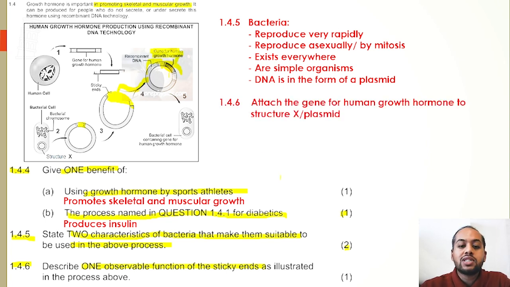Therefore, it attaches the gene for the human growth hormone to structure X or to the plasmid. Because you can see here, this is going to be your structure X, and the gene for human growth hormone is inserted into the plasmid because of those sticky ends that you have.